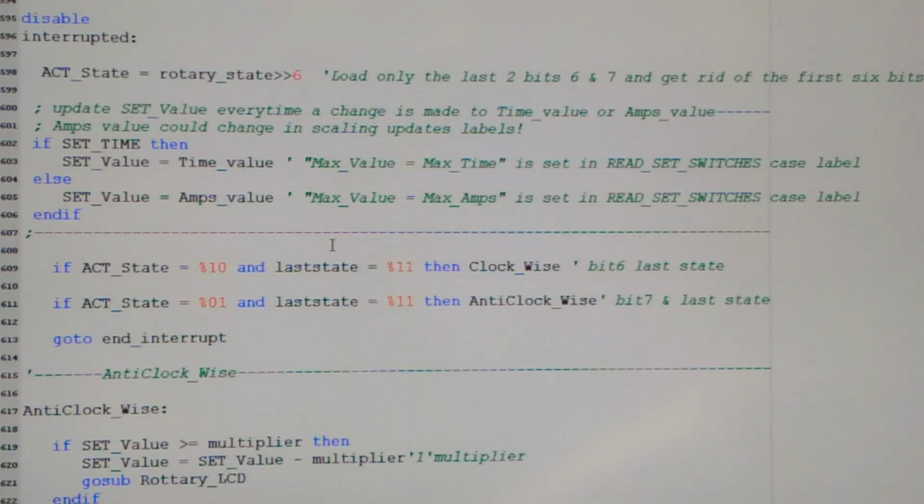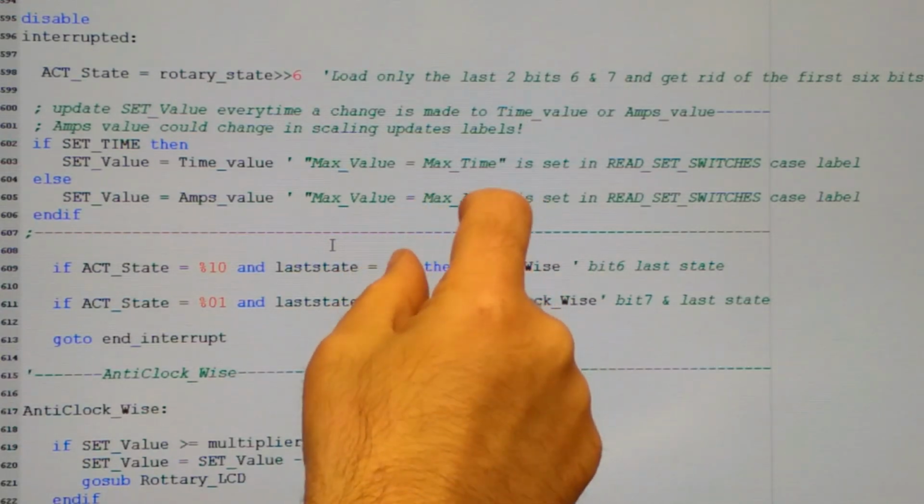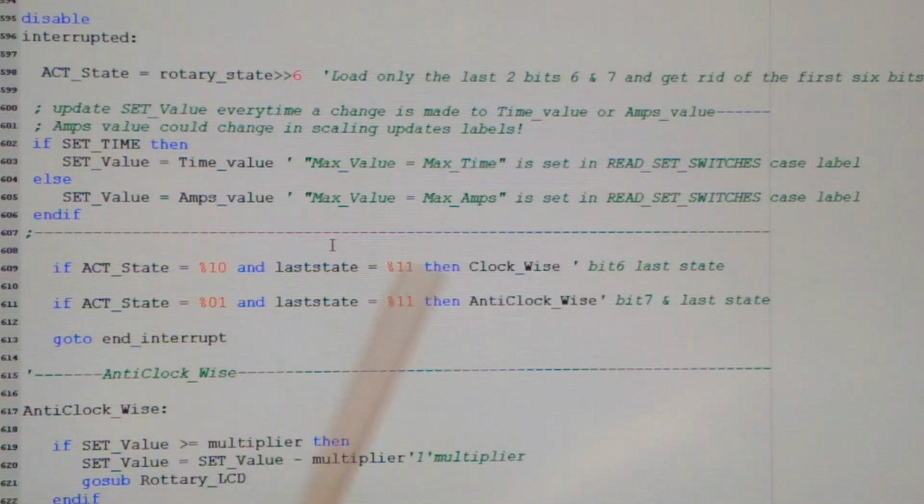On this particular rotary encoder that I've used, in between the notches of the clicks of your rotary switch, the state is always 1, 1. That means the 2 pins coming out of the rotary switch are high. Those bits are 1, 1.